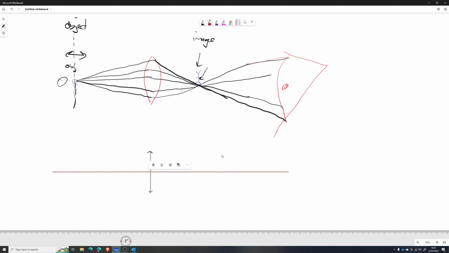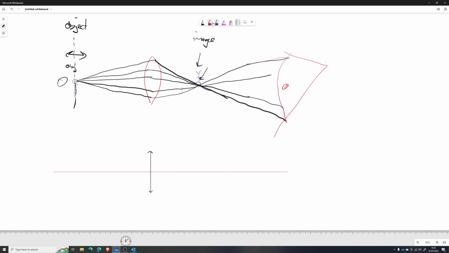So an ideal thin lens obeys two important rules. The first rule of the ideal thin lens is that any ray that passes through the center of the lens will be undeflected, so it'll pass in a straight line.